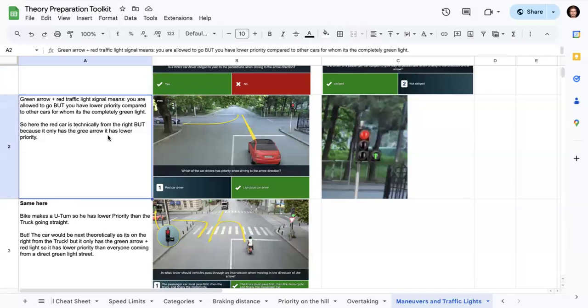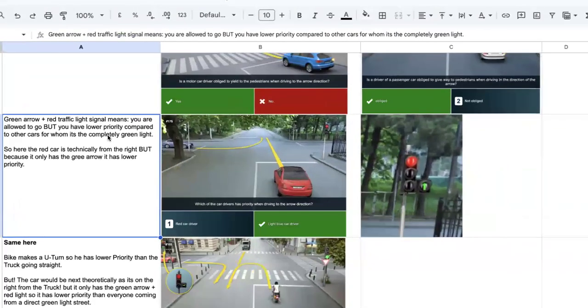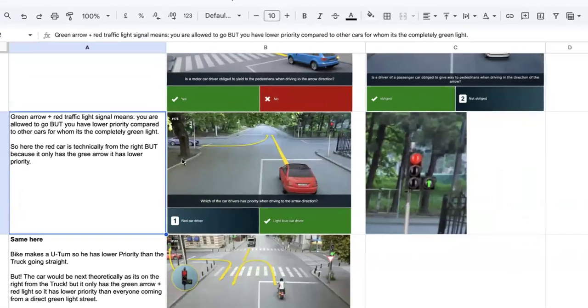Then here, a green arrow on a red traffic light means you're allowed to go, but you have lower priority compared to other cars for whom it's the completely green light, right? So this is the main light, and the arrow is a secondary thing. So for me here, it's red, but for the other guy, it's green.